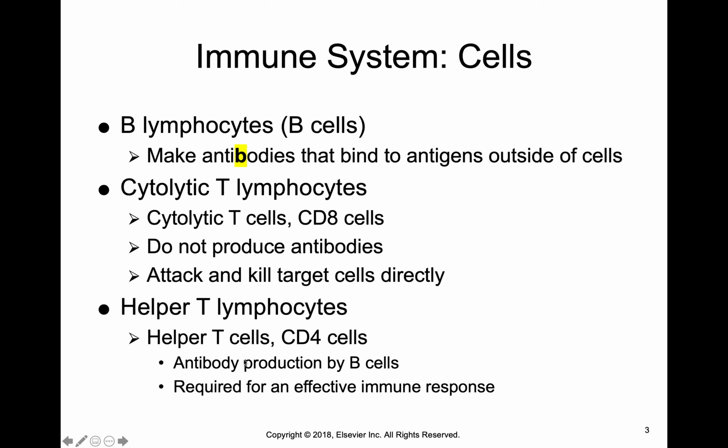What they do is they respond to B lymphocyte antibody production, and then from there they help attract CD8 cells after the fact. And as you're probably aware, HIV and AIDS destroy CD4 cells, and without CD4 cells you can't really mount an effective immune response.